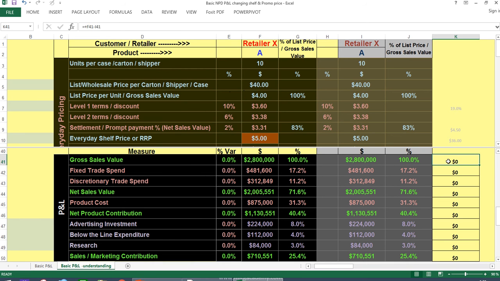The variance is going to be captured, with the absolute dollar amount in column K. So you'll see the difference between the numbers in F and I in absolute dollar amount.